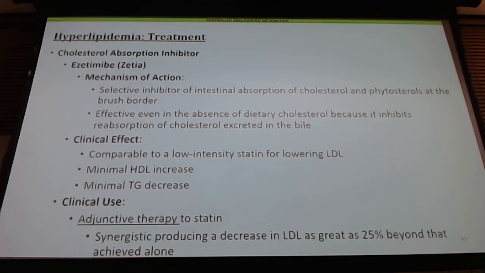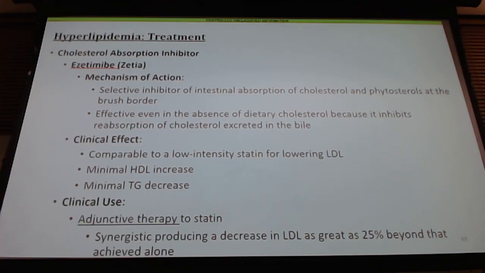And we talked about how they're our primary agent to treat elevated cholesterol levels. But what happens if we put them on a statin, we're maxing the dose out, and they're just not getting to goal? Well, what can we add to our regimens to help us get to goal? The primary one that we're going to use is ezetimibe, or Zetia, which works differently than your HMG-CoA reductase inhibitors.